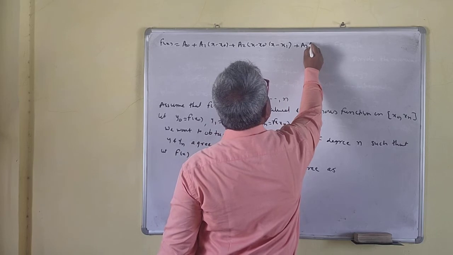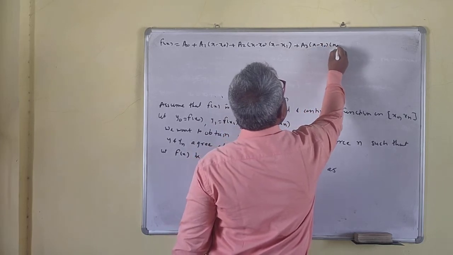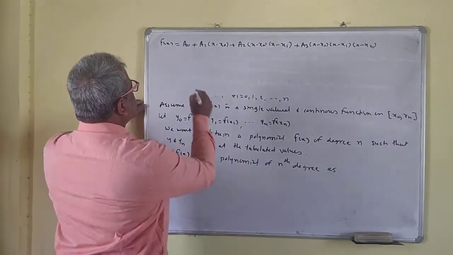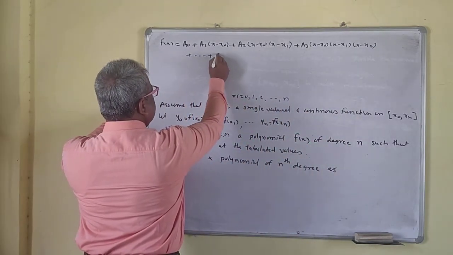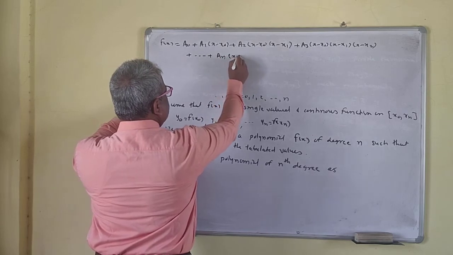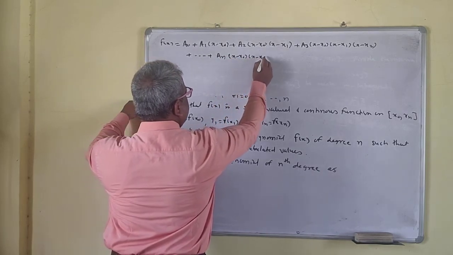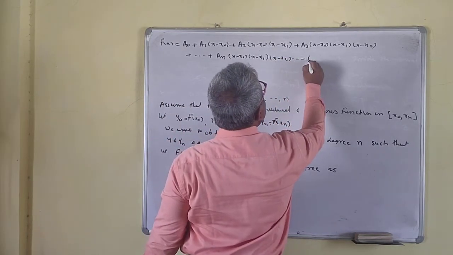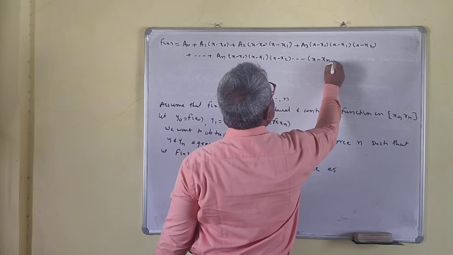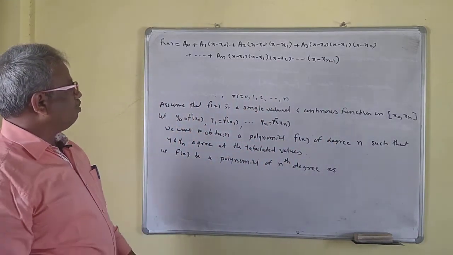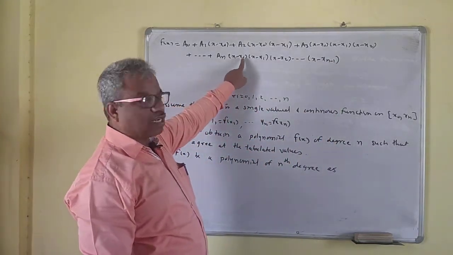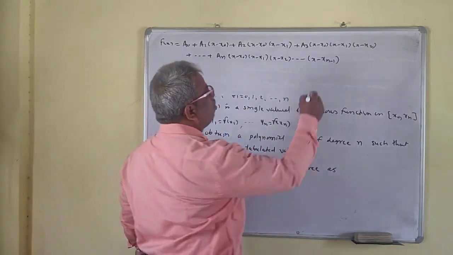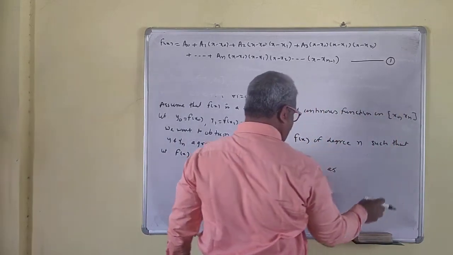Then a3 times x minus x0, x minus x1, x minus x2, plus dot dot dot, plus an times x minus x0, x minus x1, x minus x2, dot dot dot, and the last one is x minus xn minus 1. The last one will be this because it starts from 0, 1 to n minus 1, so this will be n products. I will call this equation 1.